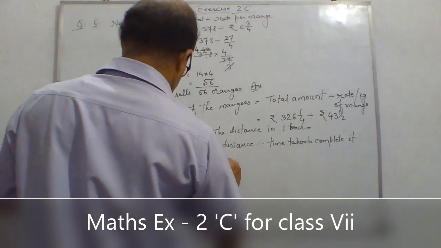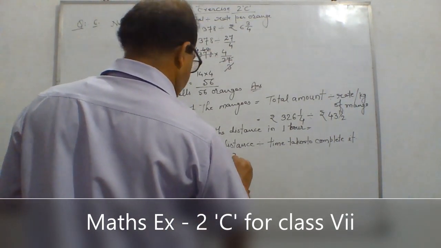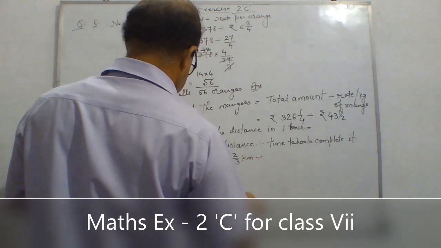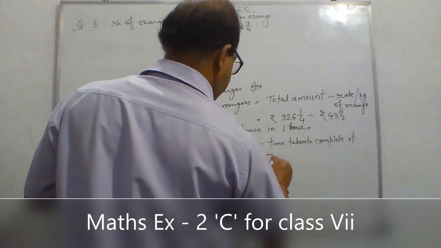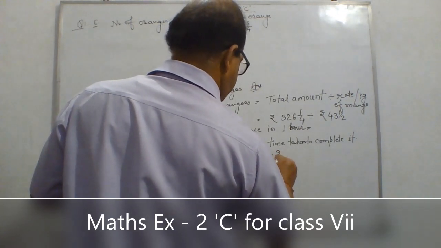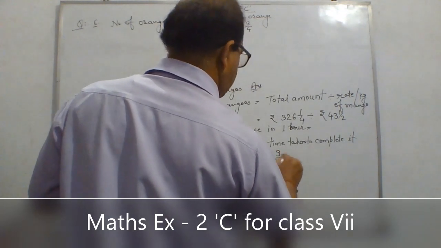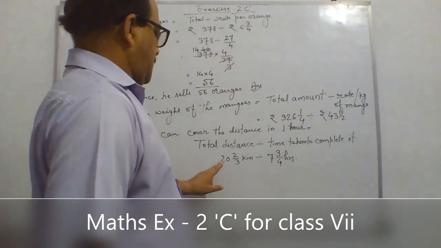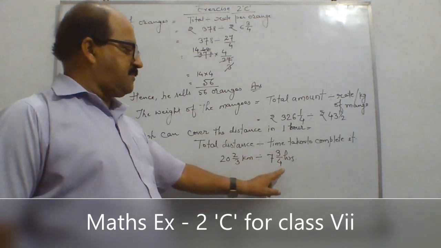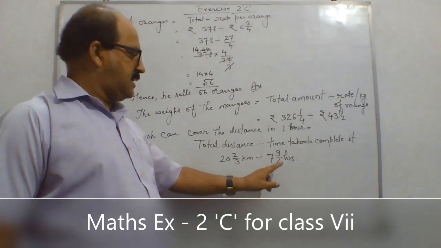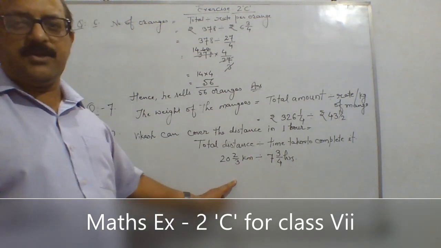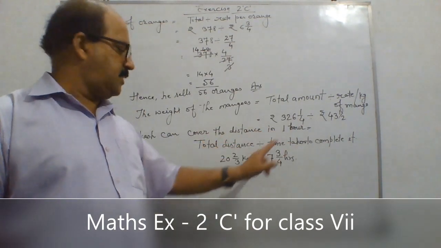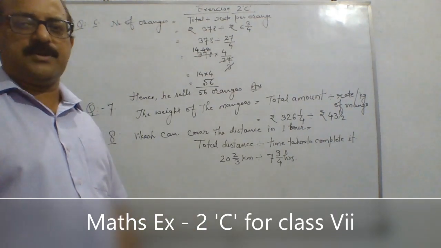Here 20 whole 2 by 3 kilometers is the total distance, and the same distance Vikas has covered in 7 whole 3 by 4 hours. When this total distance is divided by total time taken, you will get the unit value, and that is the distance Vikas can cover in 1 hour. This is the solution of it.